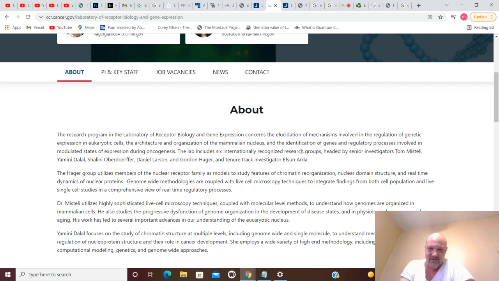internationally recognized research groups, which is our next category, headed by senior investigators, and I'm not going to try to pronounce all their names. Daniel Larson would be easy enough. Gordon Hager.